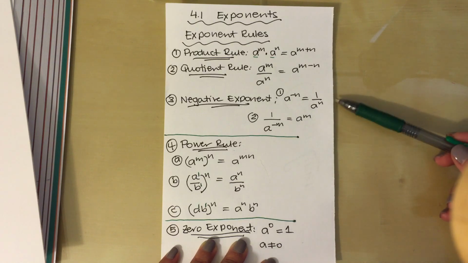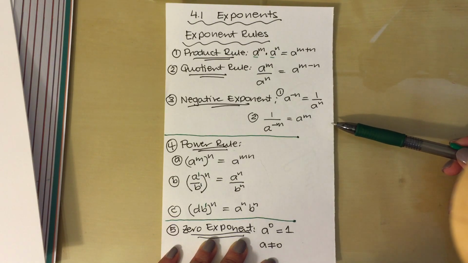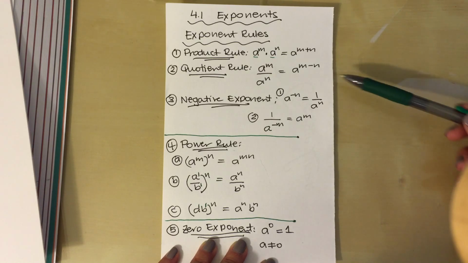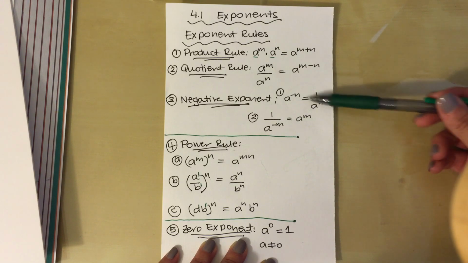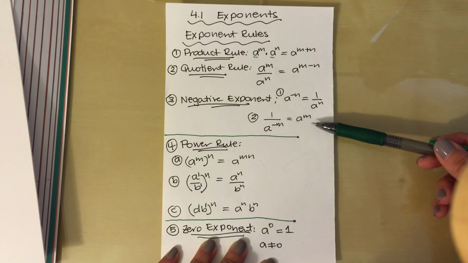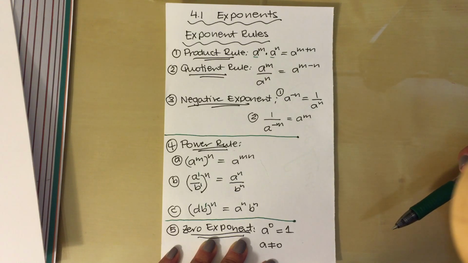The whole idea of this rule is to just rewrite what you have so that your exponent is positive. And all you have to remember is that if you switch the location from numerator to denominator or denominator to numerator, it automatically changes the sign of the exponent.